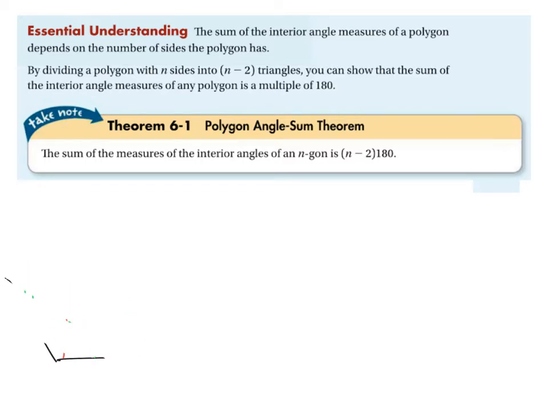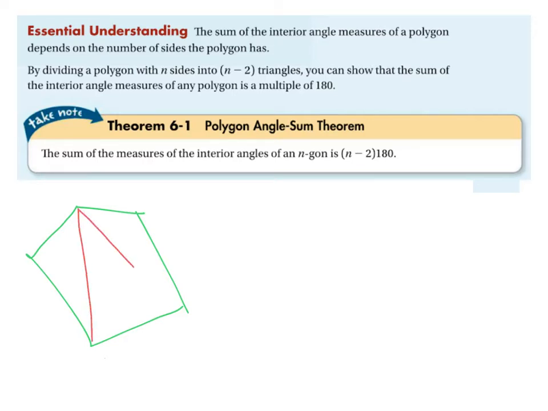So check it out. Again, if you start at one vertex, let's say I make a pentagon this time, okay? Like that, okay? If we start at one vertex and connect that vertex to all the other vertices that aren't already connected, and as you can see here, it's already connected to that one, so we don't need to draw another line there.